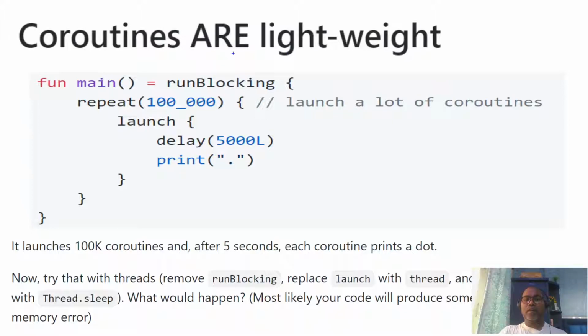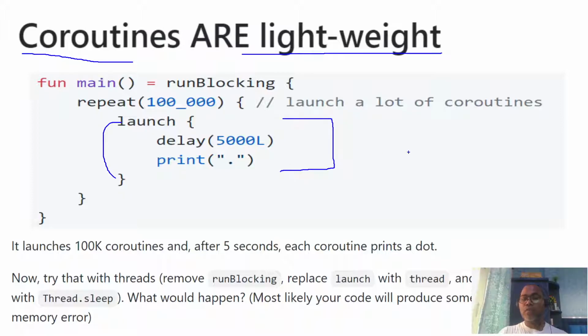Also I'm saying just assume a coroutine is like a thread, but very lightweight. That means you can launch thousands of coroutines. They are not bound to any specific thread. For each launch, they are not going to create one thread object, another thread object, another thread object.